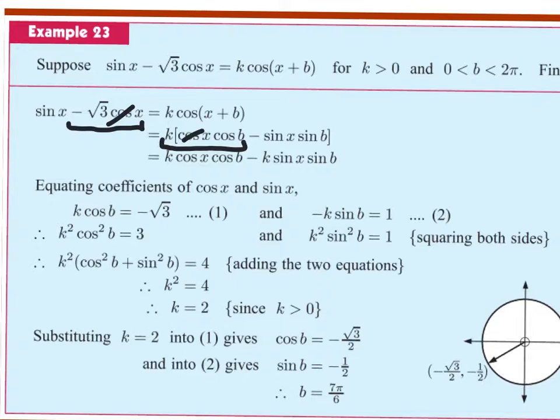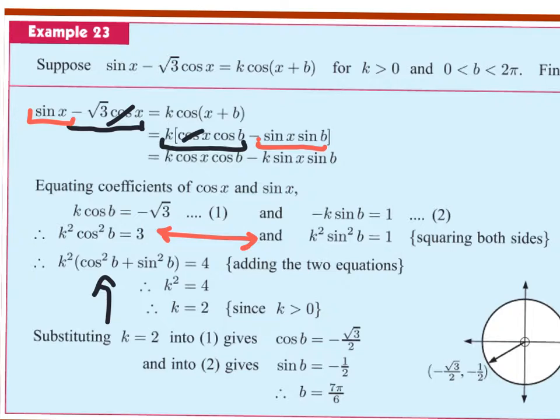Squaring both sides, you can see then that I square k, I square cosine, I square the negative root 3, and I do the same thing on the other side. I take k times this, and that'll equal sine x. And then when we get to this point here, we can add the two together and solve for k.